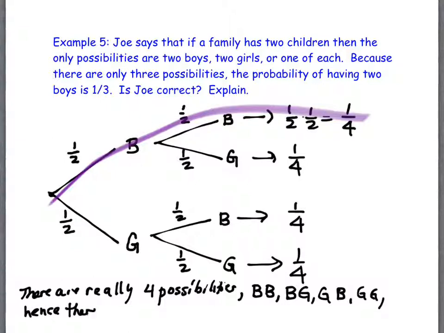Hence, there is a 1/4 probability of having 2 boys. Does that make sense? All right, can I show you one more example?